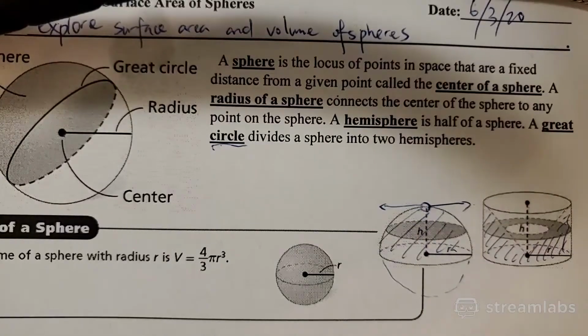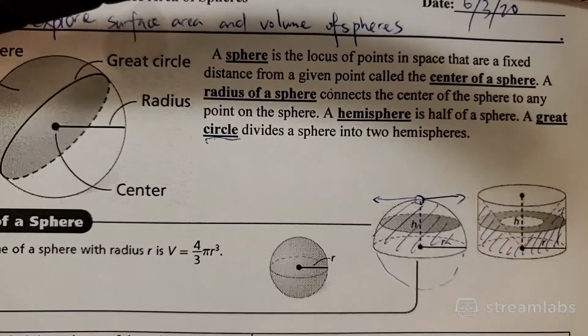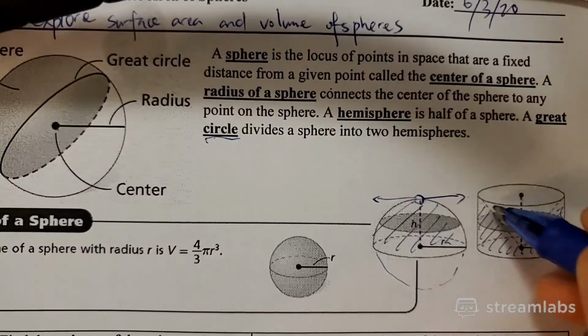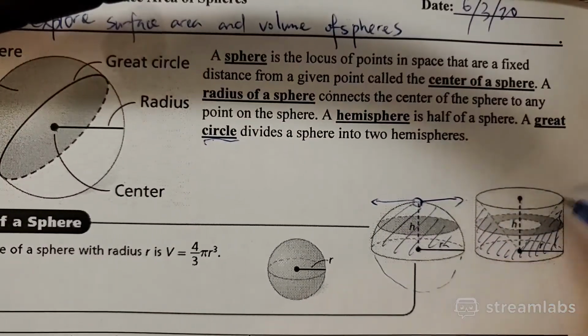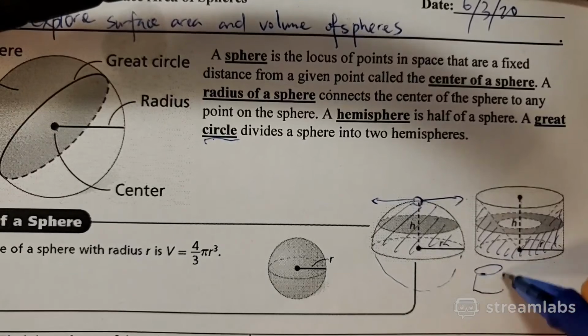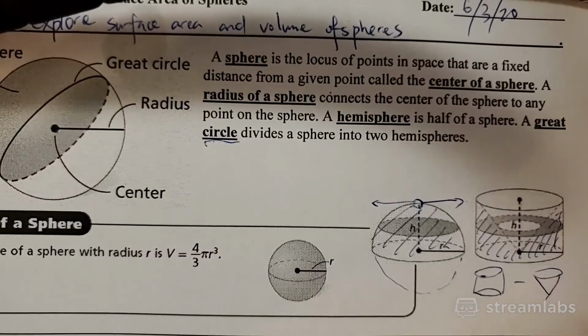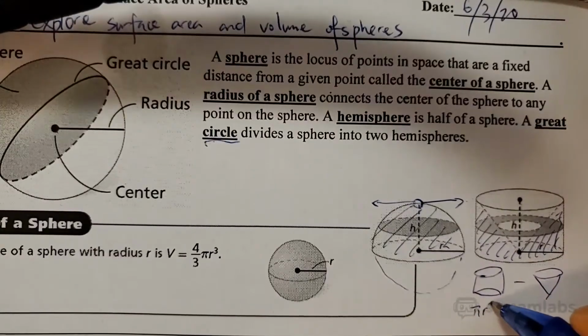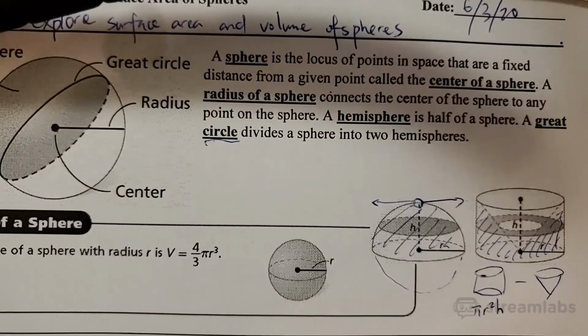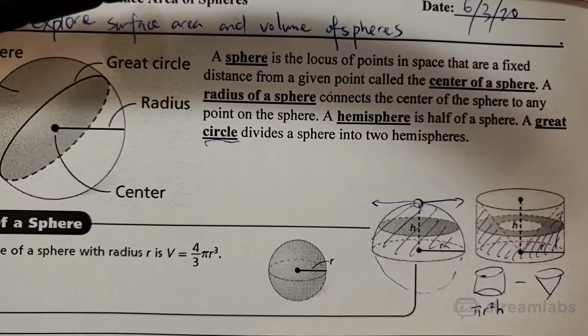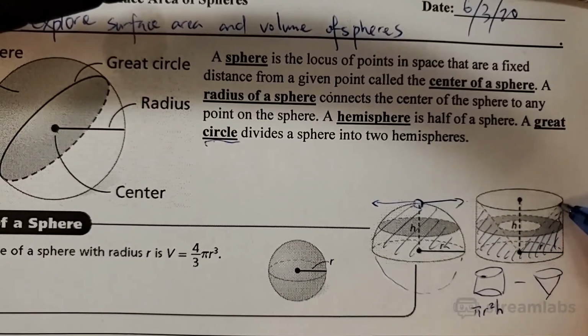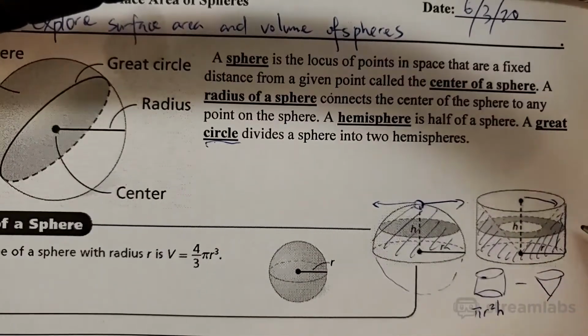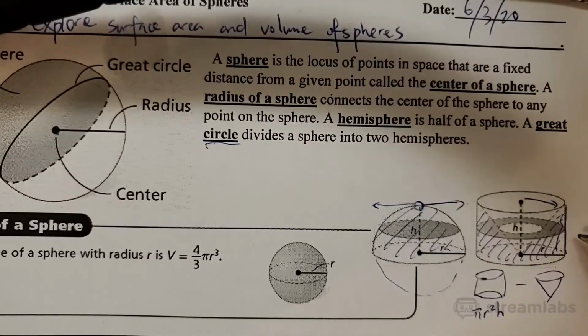Okay, and once you get that, you can find the volume using the cylinder formula and the cone formula, right? So I'm going to use cylinder minus the cone. Cylinder is going to be pi r squared h, right? However, when you pull this out, magically, this height actually will then become the radius.